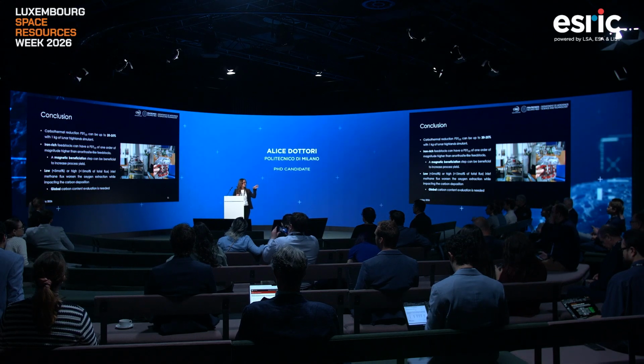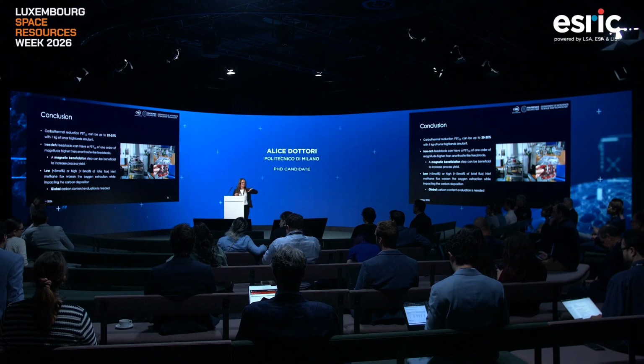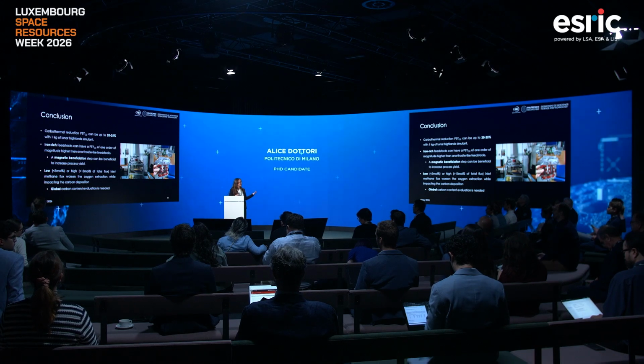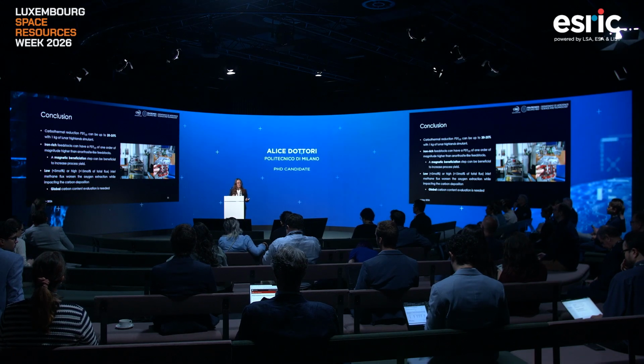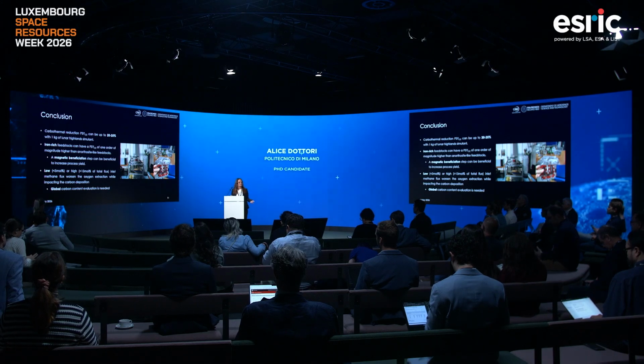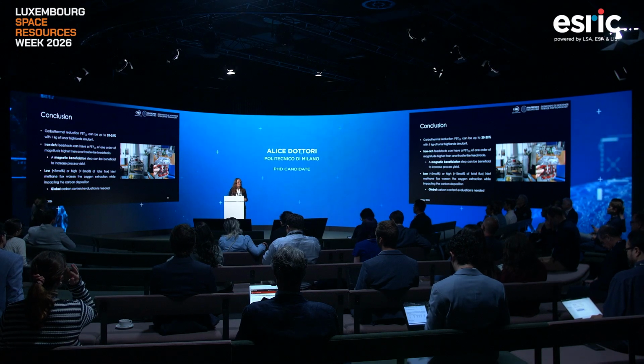So we are talking 10%, 11% with respect to 1%. So a simple magnetic beneficiation step can improve our process performances, while the carbon evolution still has to be studied to optimize its content. And that's all. If you have any questions.